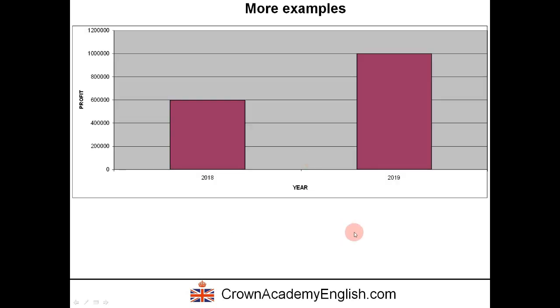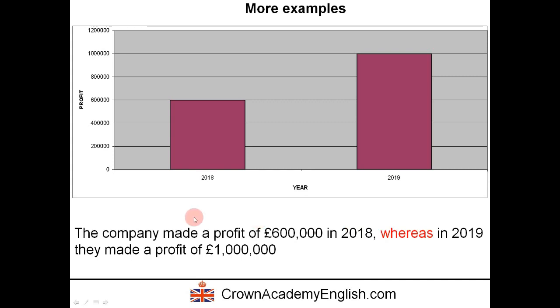And this is the last example. So we have some data here. This is a graph showing profit of a company. So the x-axis is showing the year. So this is showing the profit in 2018. This is showing the profit in 2019.